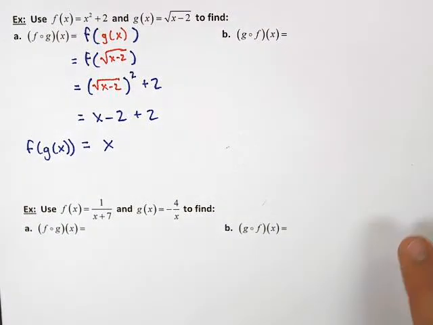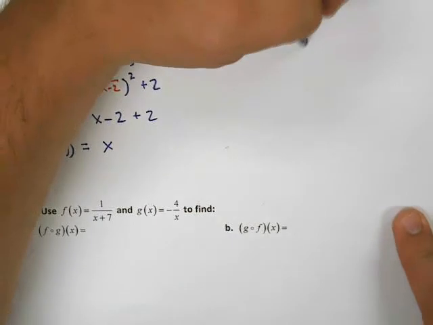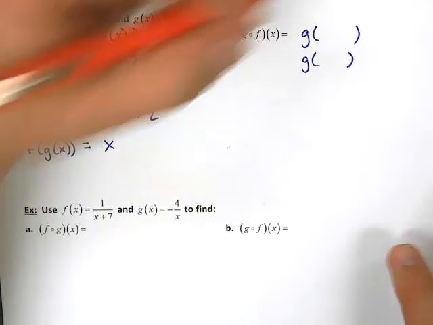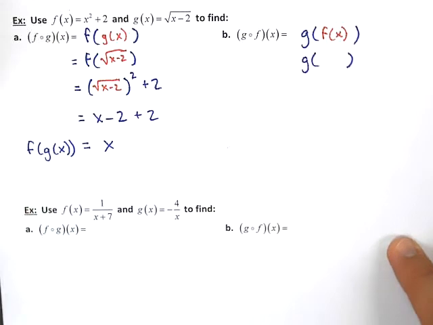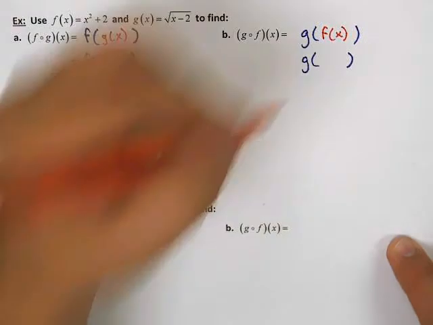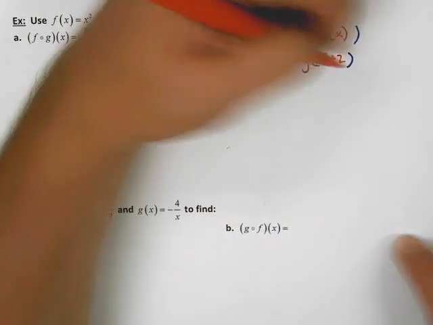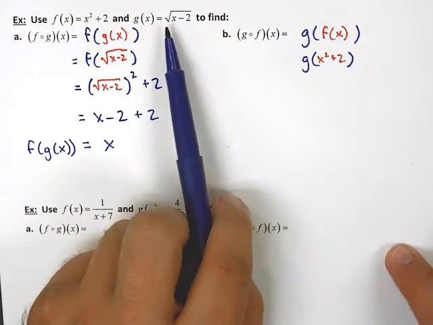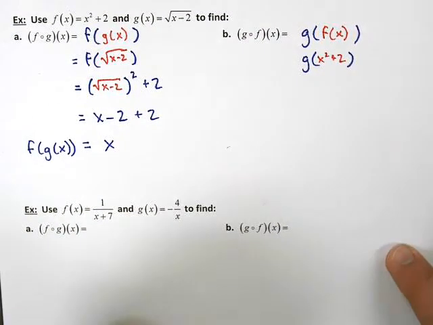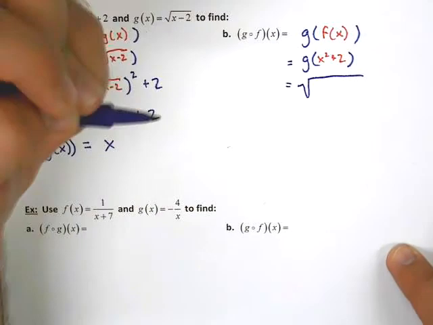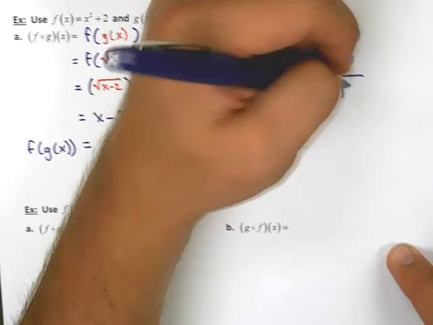How about the next one? Let's take a look. Now I have g of f of x, and we know f of x is x squared plus 2. So now, if our g function is the square root of input minus 2, that's what I'm going to write. Square root of input minus 2.